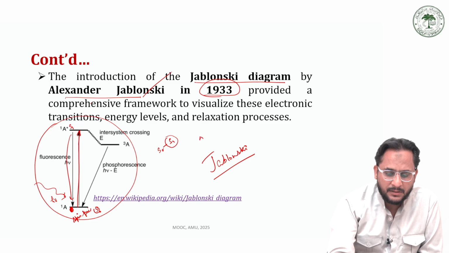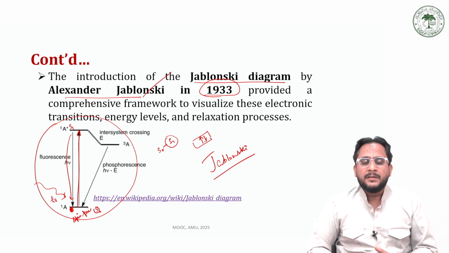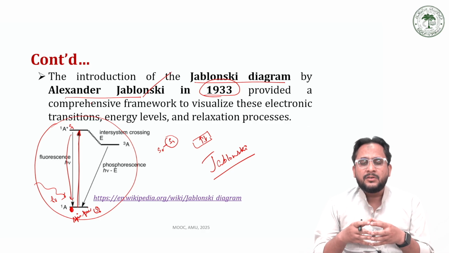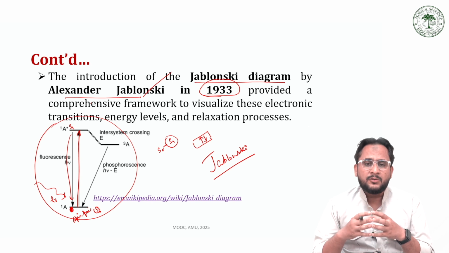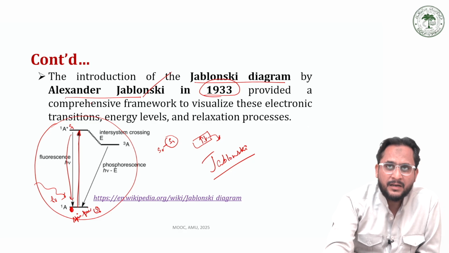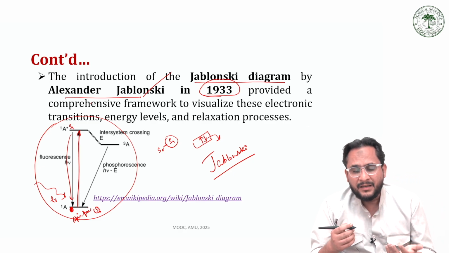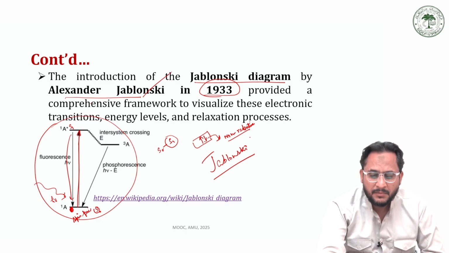Because in this state we have two electrons in the same orbital, and since electrons carry negative charge, these two negative charges have some repulsion, causing this state to be less stable. Therefore they lose energy in a non-radiative form, not by emitting light but by emitting heat.